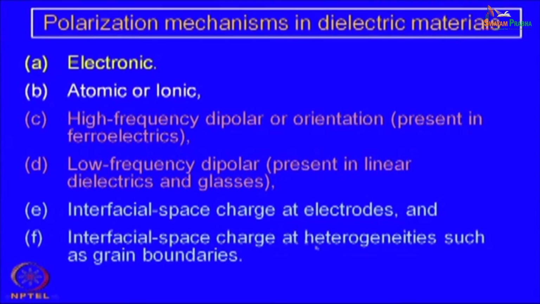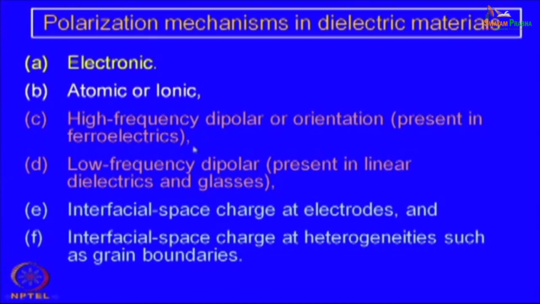The electronic mechanism does not have any subclassification, and the atomic or ionic also does not, but the other 2, orientation polarization and interfacial polarization, have 2 different subgroups each: one is high frequency and the other is low frequency. High frequency dipolar or orientation polarization is present normally in ferroelectrics as I mentioned earlier, and low frequency dipolar is present in linear dielectrics or sometimes in glasses.